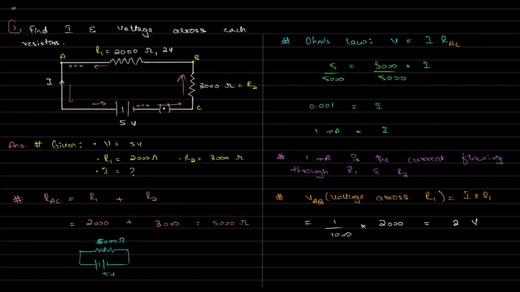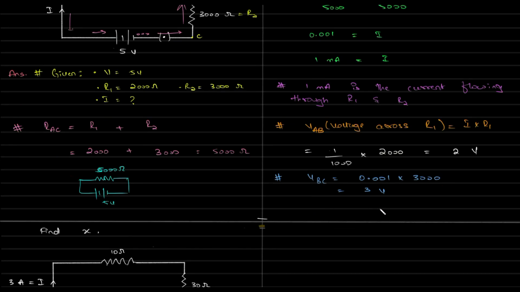If you're not able to understand what I just said, you can do this. VBC is equal to 1 by 1000, 0.001, into your resistance R2, that is 3000. So this is equal to 3 volt. So 2 plus 3 is 5, right? So either you can do that or this.